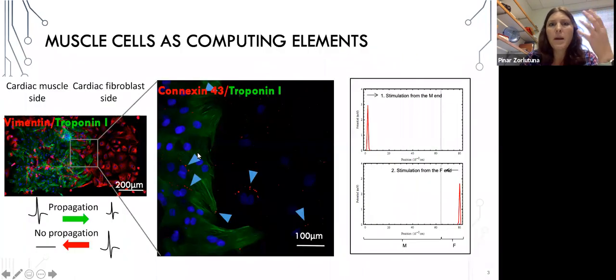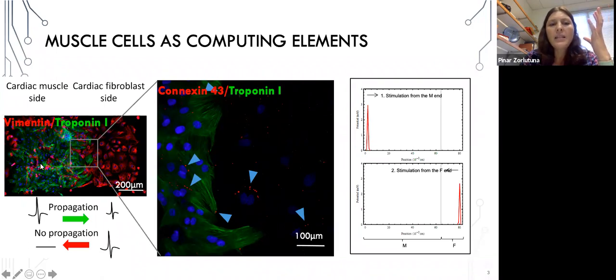But I want to give some background on these cells, because I know some of you are probably familiar, but maybe some of you don't know the basics of heart cell phenotype or behavior. When we first started thinking about muscle cells as computing elements, we were inspired because the heart is composed of mainly two cell types: the fibroblasts, shown here in red, and the cardiomyocytes, the muscle cells, shown in green.